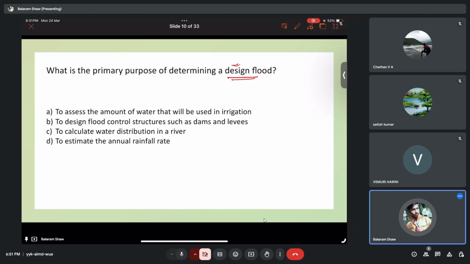Now here the term is design flood. Design flood refers to the process of determining the appropriate standards and criteria for designing structures to withstand. Okay, I'll write that.